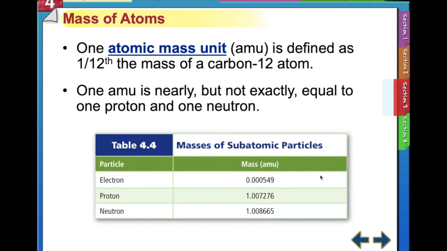These numbers are not things that you need to memorize. What you do need to remember is that a proton and a neutron equal about 1, and an electron equals about nothing. It's so small that it does in fact have mass, but it's not a lot of it. So we essentially consider electrons to be massless most of the time. But again, proton and neutron both equal 1.